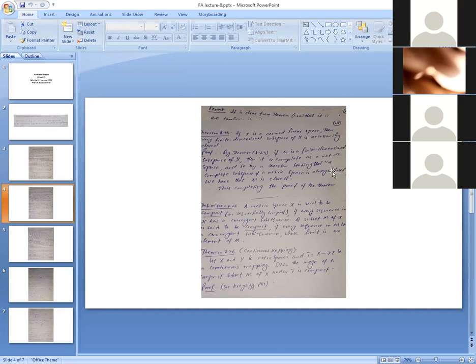In the next result, we proved that every finite dimensional nonlinear space is complete. And in this result, we proved that if M is a complete finite dimensional subspace of nonlinear space X, then it is closed. So remember that every finite dimensional subspace of a nonlinear space is always closed.